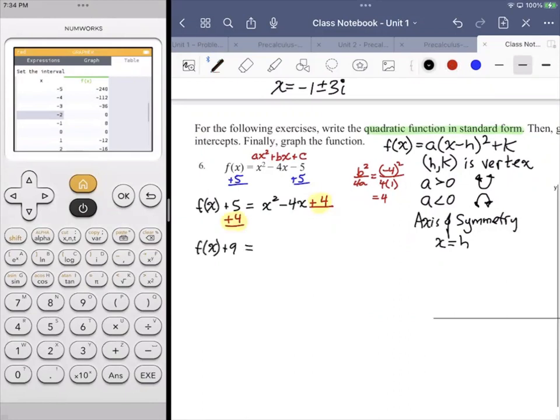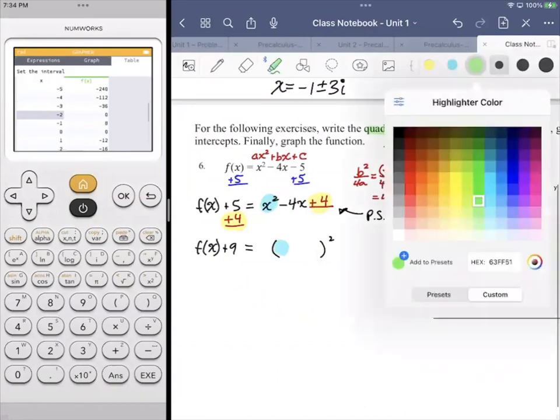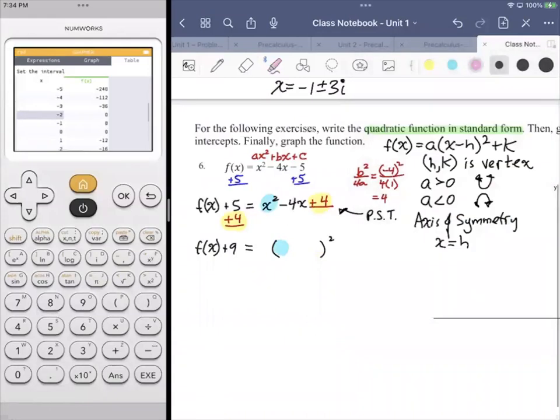On the right-hand side, I could use my factoring shortcut, because again, this is a perfect square trinomial. PST, perfect square trinomial. That's our license to use the technique of taking the square root of the first term and putting it here. Let's get a fresh new color.